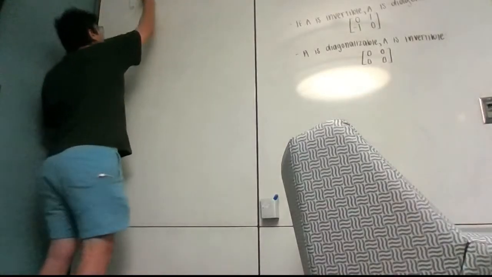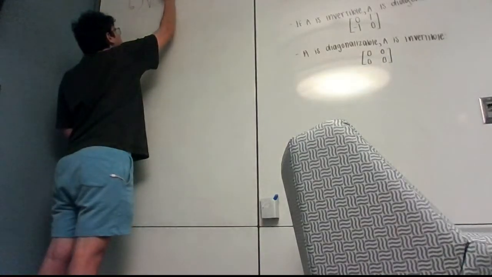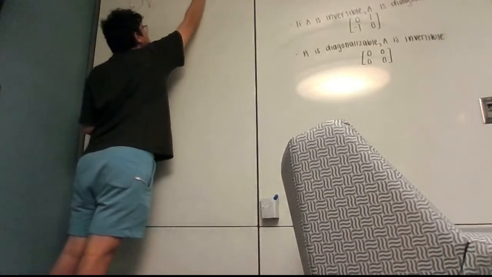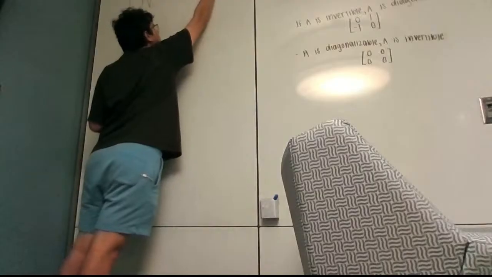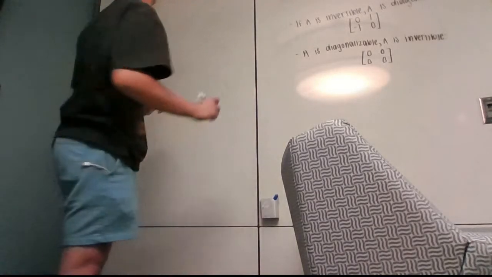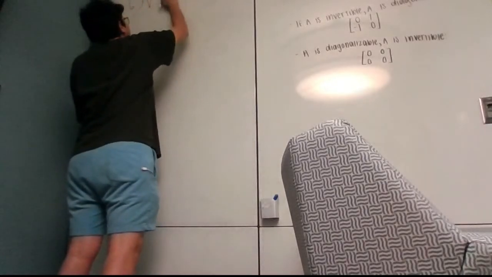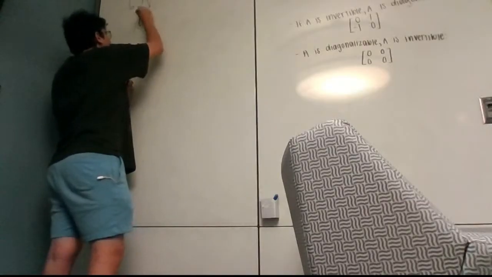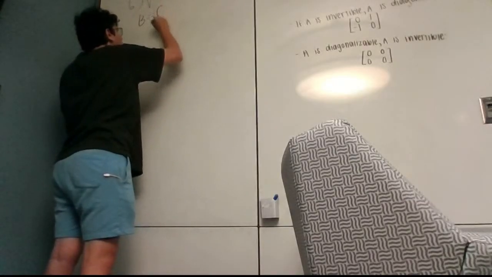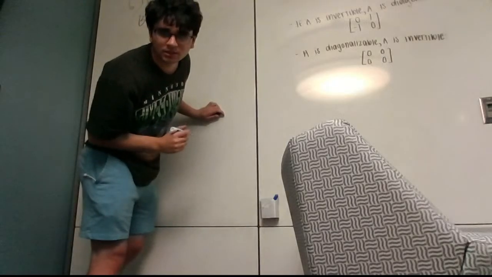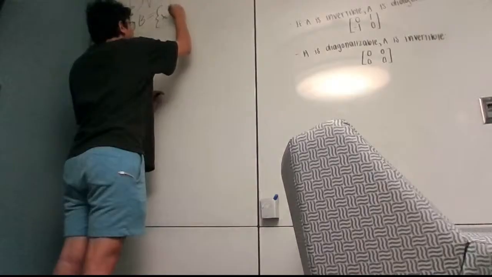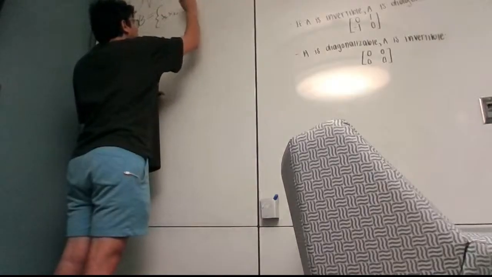So V is a vector space. It's just V is a set. V is a vector space. And then B is a set of the following. B is a set of these vectors. Vector 1, vector 2, dot dot dot, vector n.